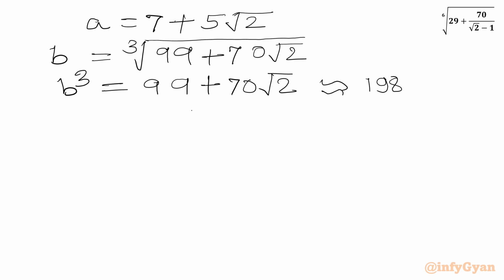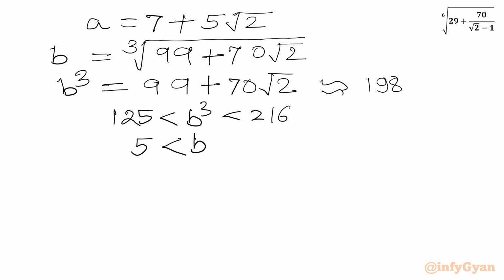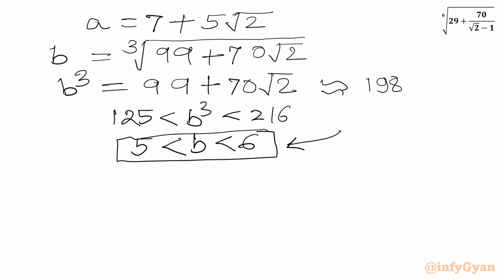So I can consider B cube is in the interval of 125 to 216. So 125 is 5 cube, 216 is 6 cube. So for real B, this value will lie in the interval 5 and 6. So we will accept the value of B which is lying in this interval 5 and 6.